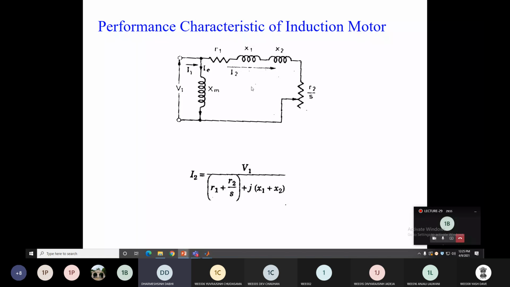So if you derive the equation of the rotor current I2, what is it equal to? Supply voltage V1 divided by the whole impedance of this circuit: R1 plus R2 by S plus the inductive reactance of this circuit, which is j(X1 plus X2). So this is the equation of rotor current.